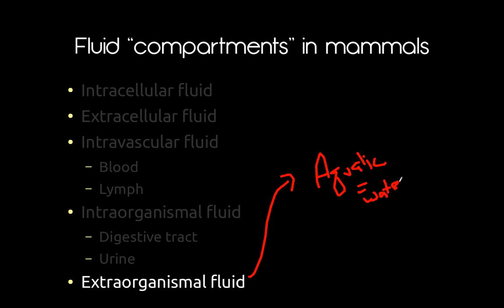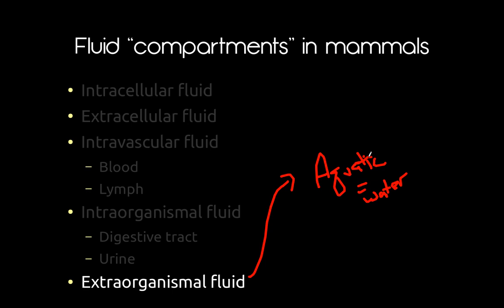However, this is a lot less intuitive when we start talking about terrestrial animals, but there's also extraorganismal fluid that's important there. So this is going to be the fluids that will sometimes cover them as they just live, like rain, snow, other things like that they interact with. That's to a less degree than fluids that then they'll also drink. So for you, Mountain Dew might be an extraorganismal fluid.